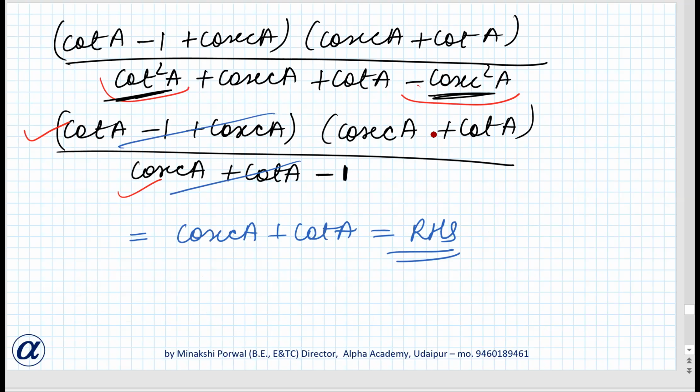Is it clear? Now ask me doubt whatever you have. Yes, any doubt? Okay, type Y those who understood this question.